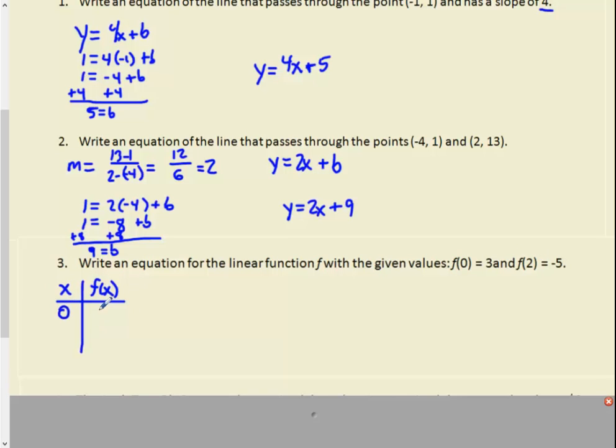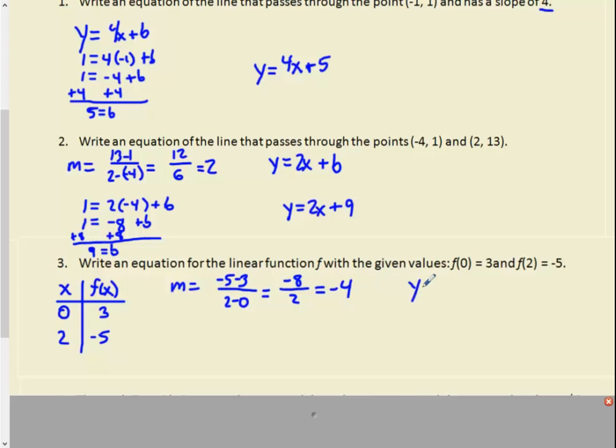When x is 0, f of x is 3, and when x is 2, f of x is -5. So we can find our slope by taking the difference in the y values, -5 minus 3, over the difference in the x values, 2 minus 0. So that's equal to -8 over 2, or in other words, -4.